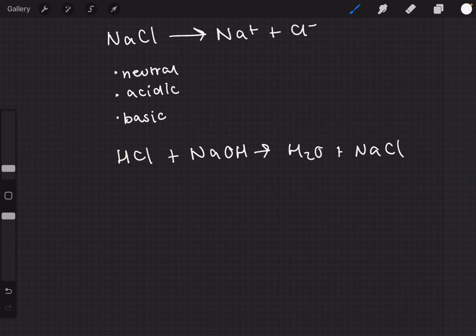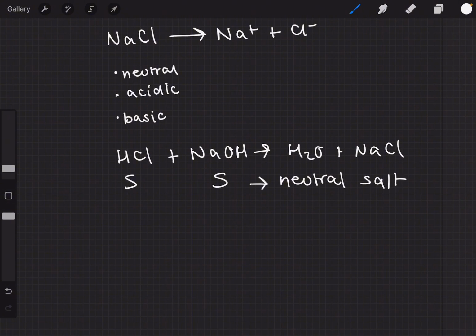Now, when we look at these parent acids, you should by now know that hydrochloric acid is a strong acid. We're going to put an S for strong. And then sodium hydroxide is also a strong base. So when the parent acid and base of a salt are both strong, that always results in a neutral salt.